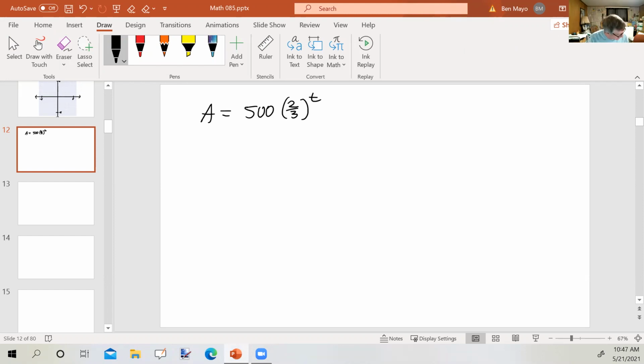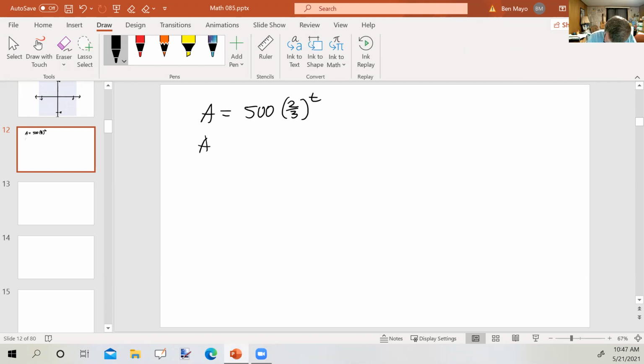So T is time in years. Find the amount present in 10 years, round to the nearest 1/10th of a gram. Okay, so T is time in years, and A is the amount measured in grams.